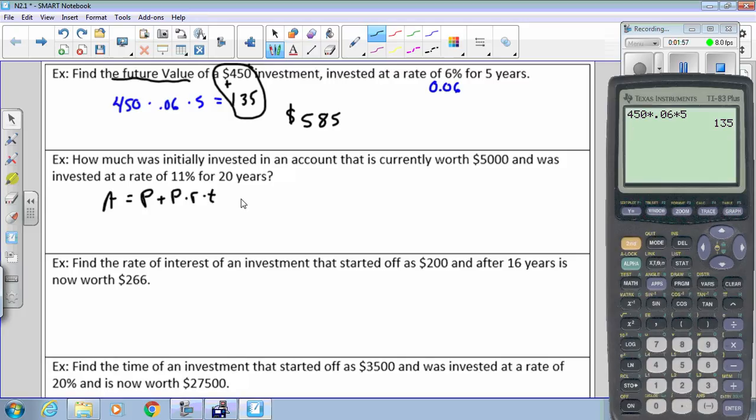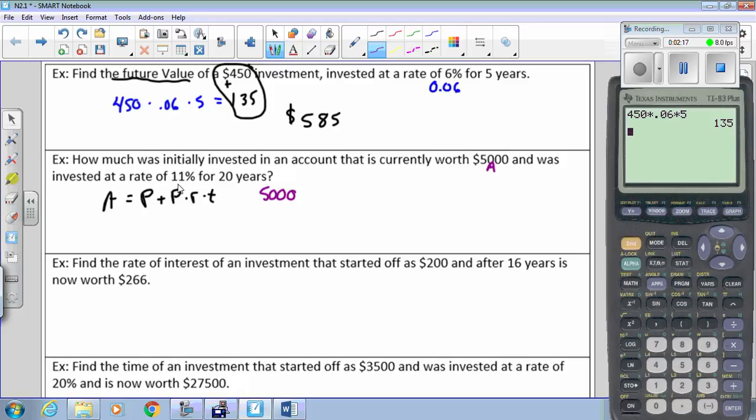So let's just substitute and then solve for P, because we're looking at how much was initially invested. So the amount would be 5,000. That's my amount here.